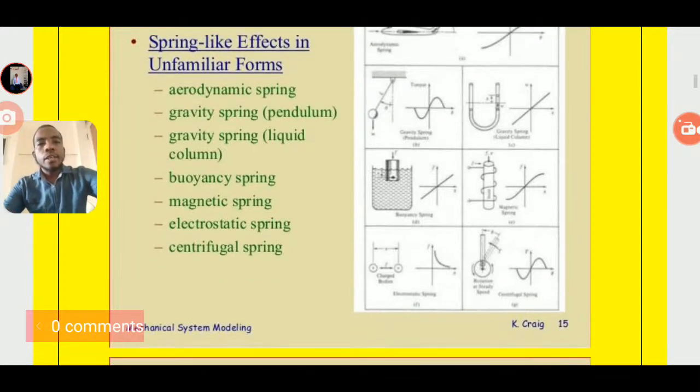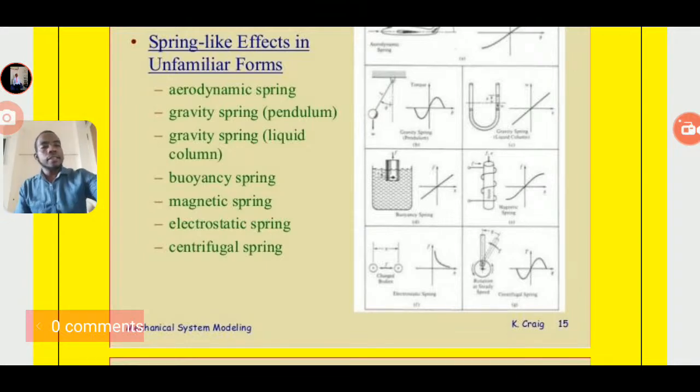There are some types of springs here also: the aerodynamic spring, and the gravity spring, which has two cases, the pendulum and the liquid column. Then the buoyancy spring, magnetic spring, electrostatic spring, and the centrifugal spring.